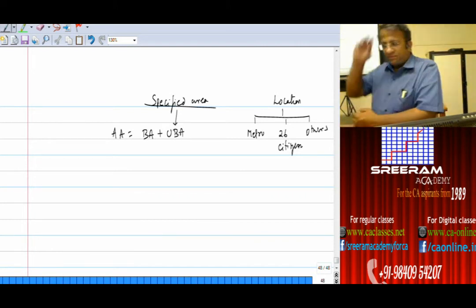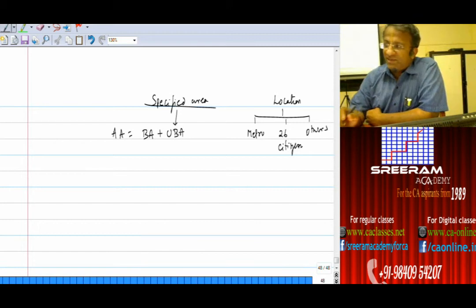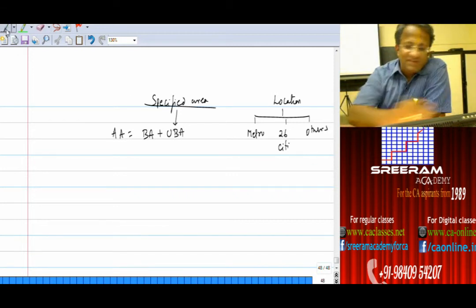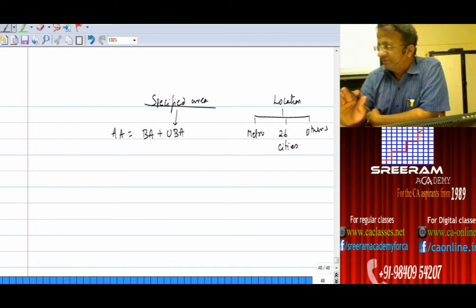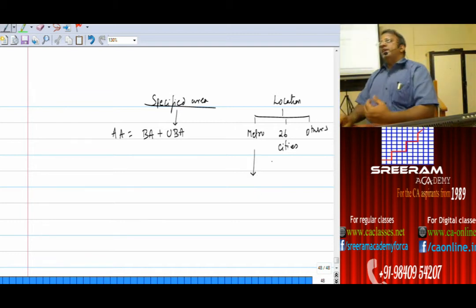So that time itself they have expected Modi to stand in these locations. Contest in this location, not stand. So please understand this, not citizens, cities. Cities are towns.